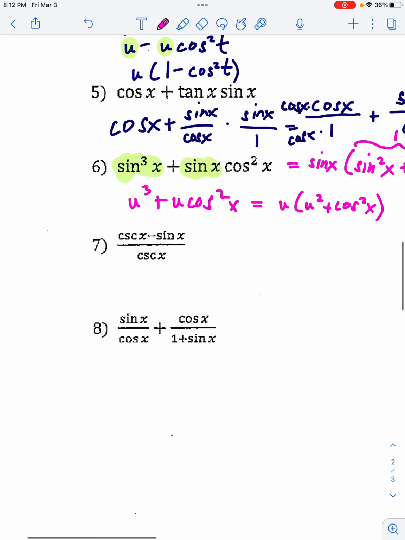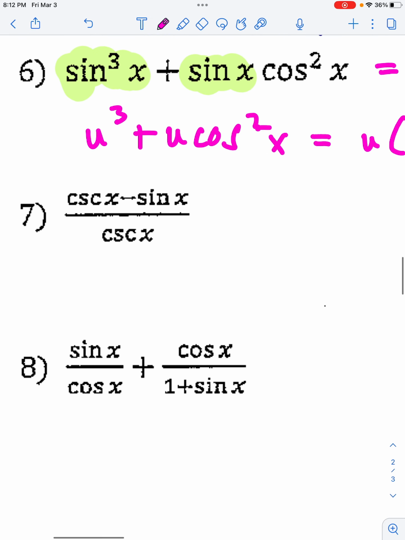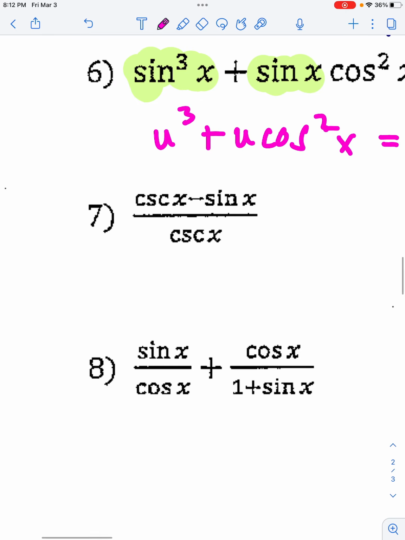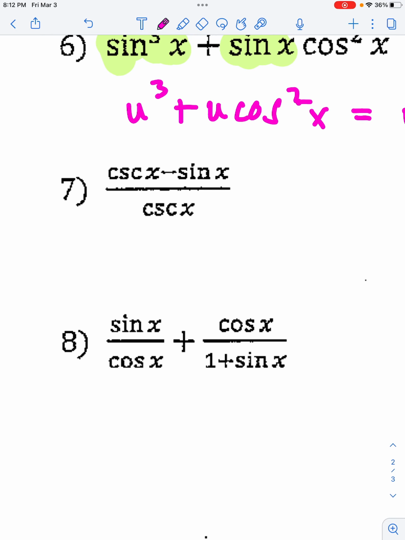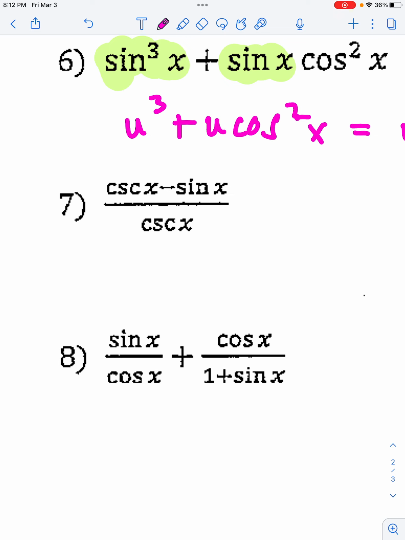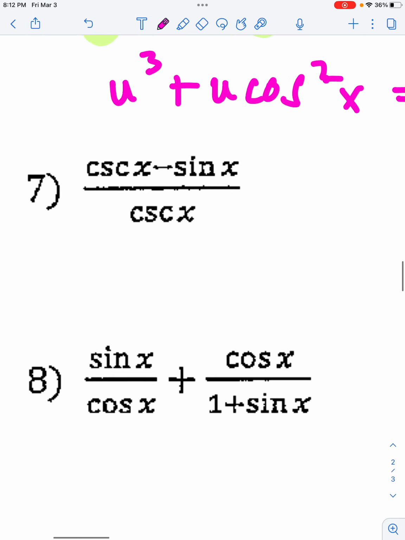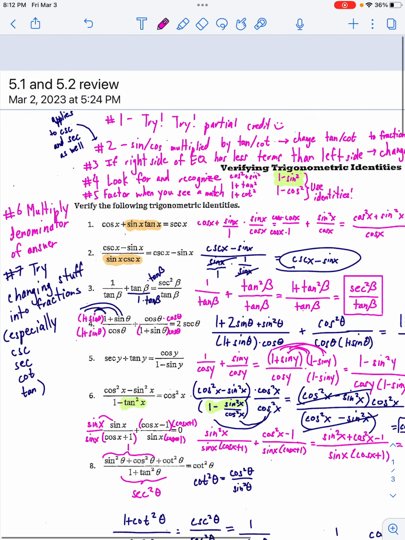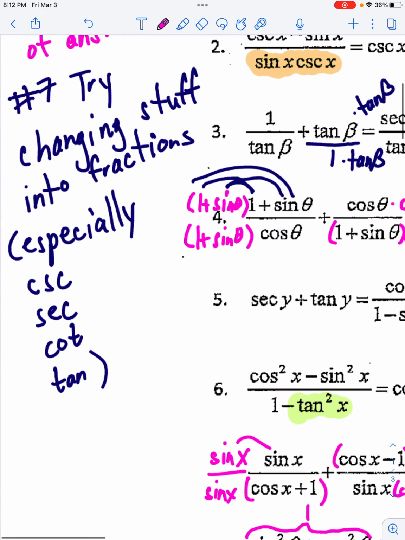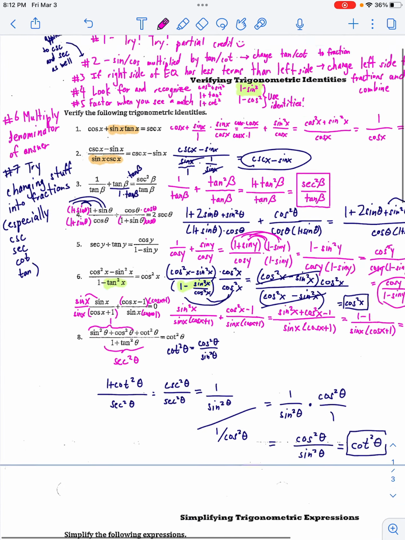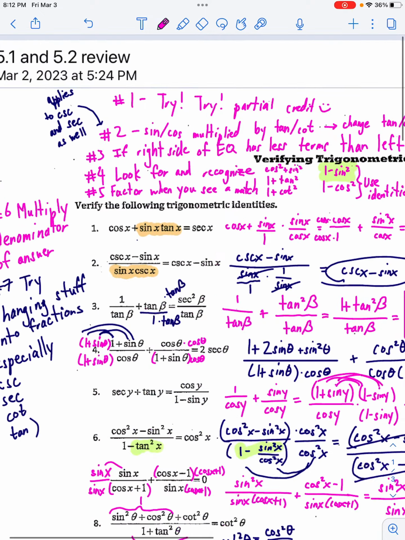All right, up here. So what do I want to tell you? Okay, if you get stuck on this, you're completely lost on what to do, try number 7. Just try changing stuff into fractions, right?